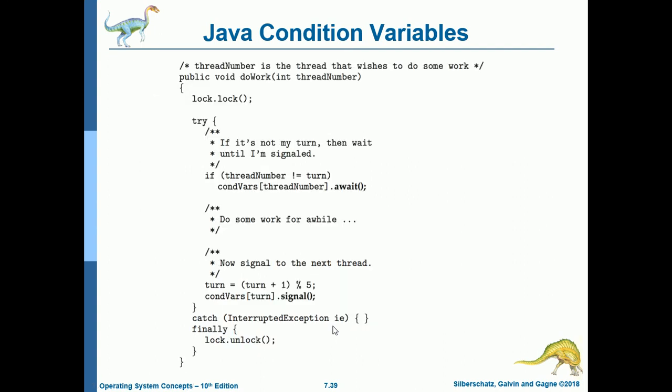So this is the code for the example that we have on the previous slide. Only the thread whose thread number matches the value of turn can proceed, and the other threads must wait their turn.